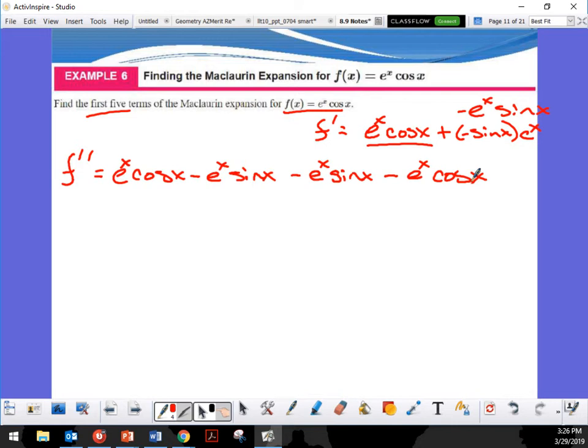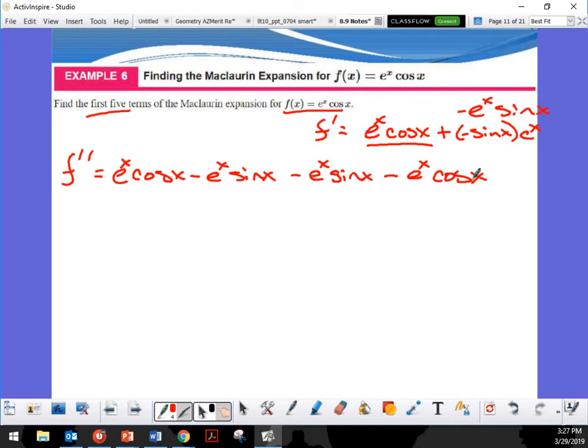Actually, I wonder if I change that. Minus sign. Let's see, e to the x, this derivative, negative e to the x sine x, that's right.